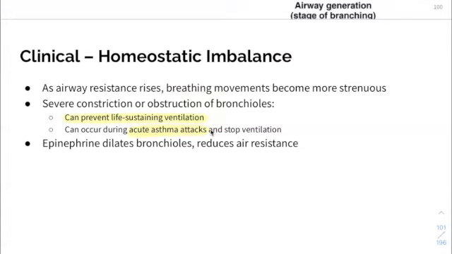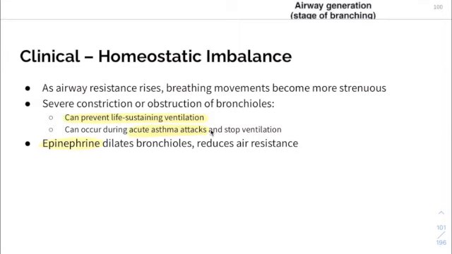But the antidote for an asthma attack is epinephrine, and that's what causes those airways to dilate. The more constricted the airways are, the harder it is to breathe. The more dilated or larger those airways are, the easier it is to breathe.